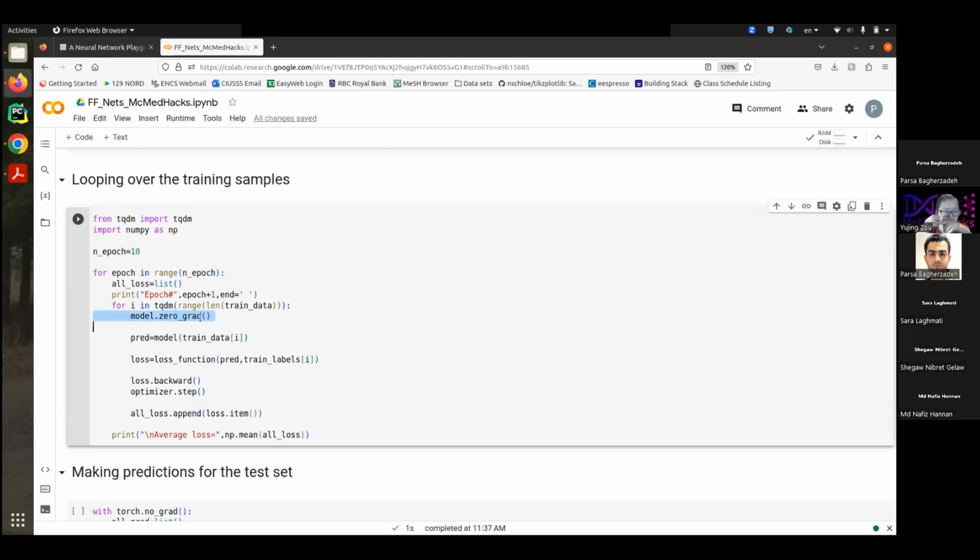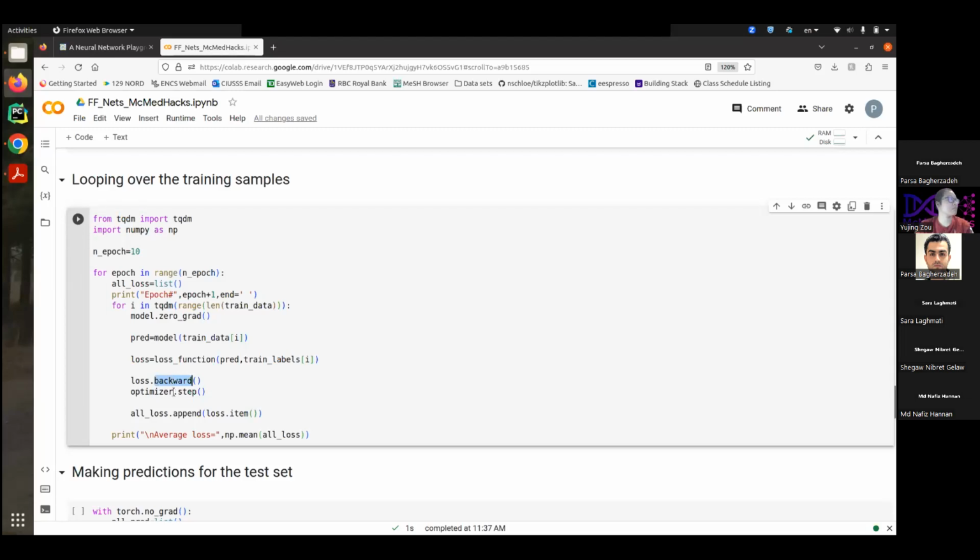So at the beginning, we make sure that our gradients are set to 0. We pass the first training sample to the model. Then we have a prediction. Then I have a loss function which measures the closeness between the prediction and the training label. For this sample, I have a loss. Then I call the backward function, which calculates the gradient based on the current sample.